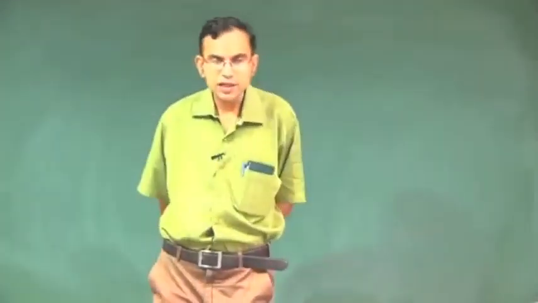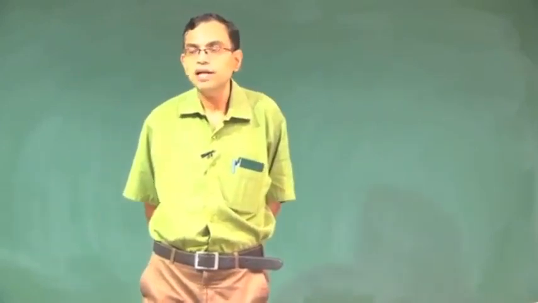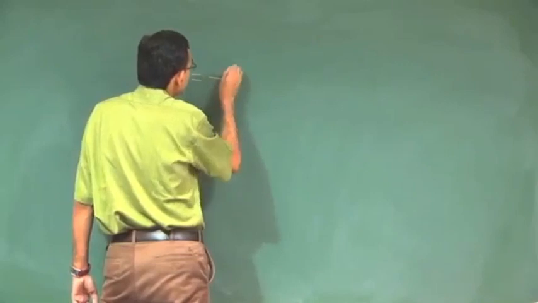In the previous lecture, we were discussing the generalized way of writing Newton's law of viscosity, and we eventually wrote tau ij.